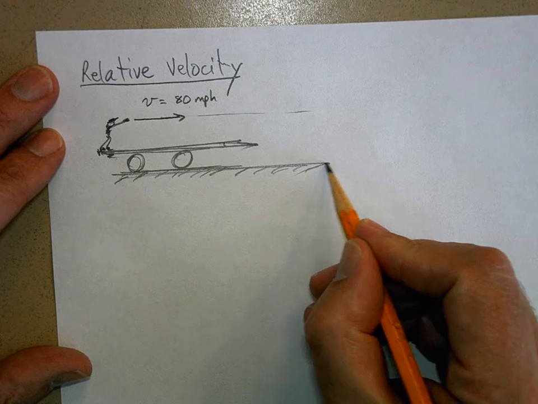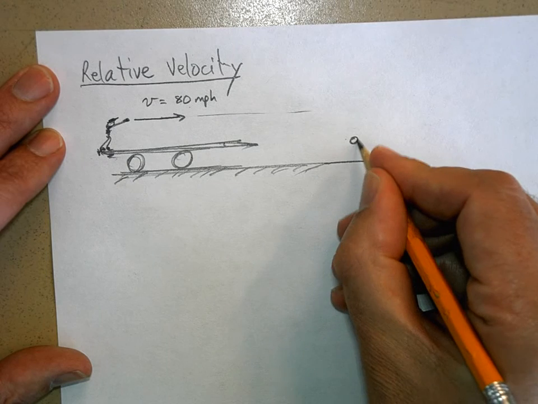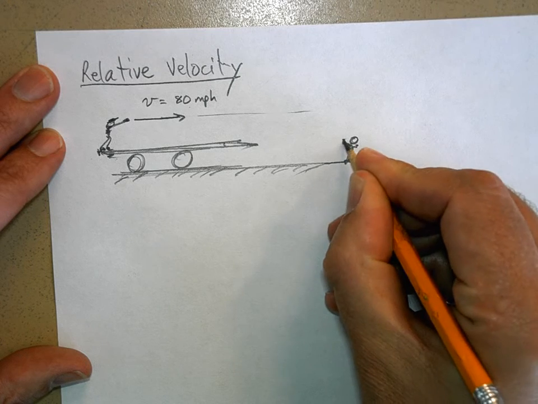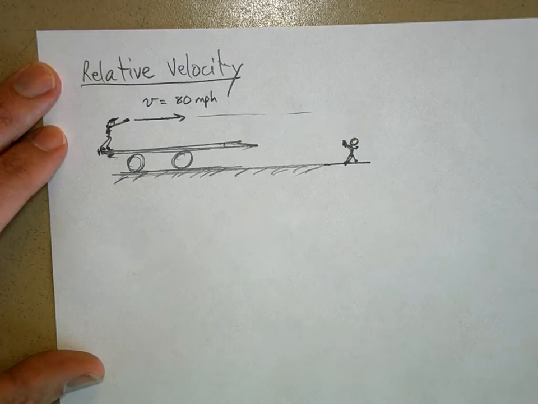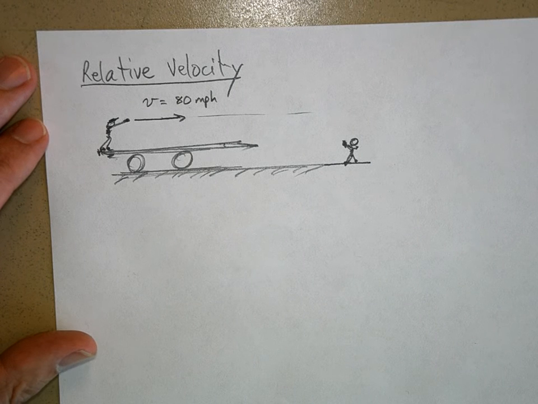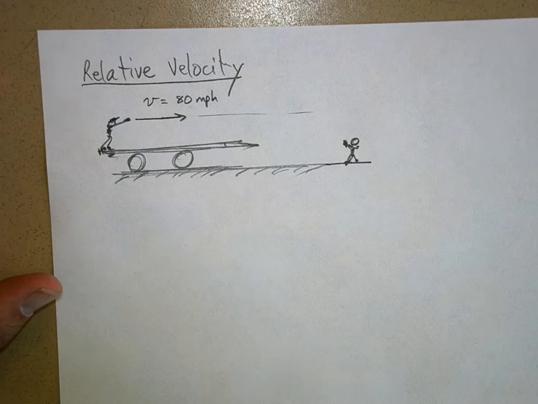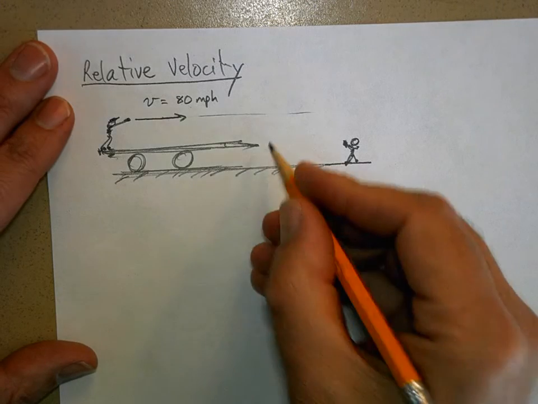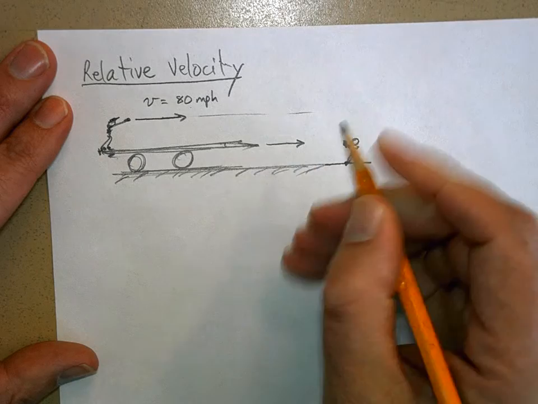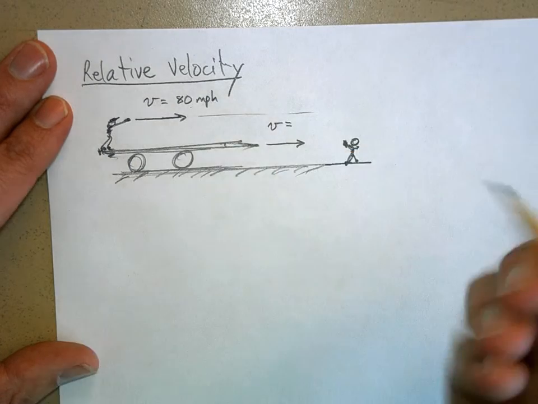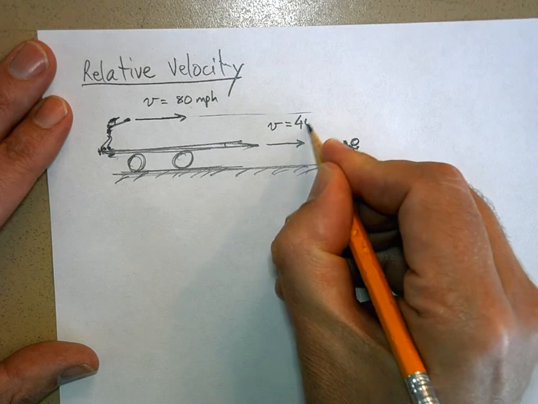Now, standing over here on the tracks is an individual who's going to try to catch this ball. There's their mitt. Let's suppose they're not really standing on the tracks. They're standing off to the side, but we're not going to worry about that so much. Let's say the train is moving. The train is actually moving 40 miles per hour.